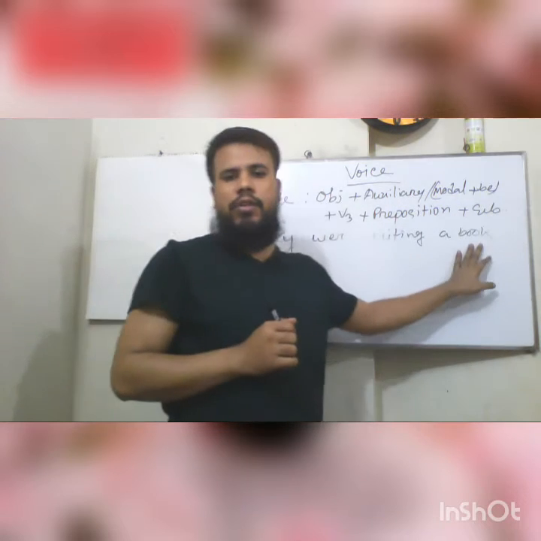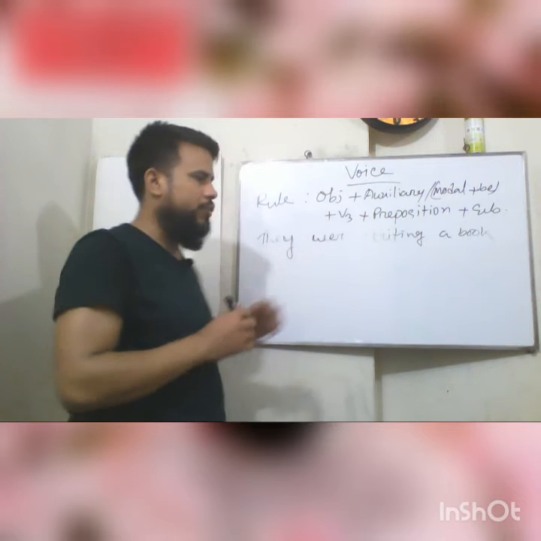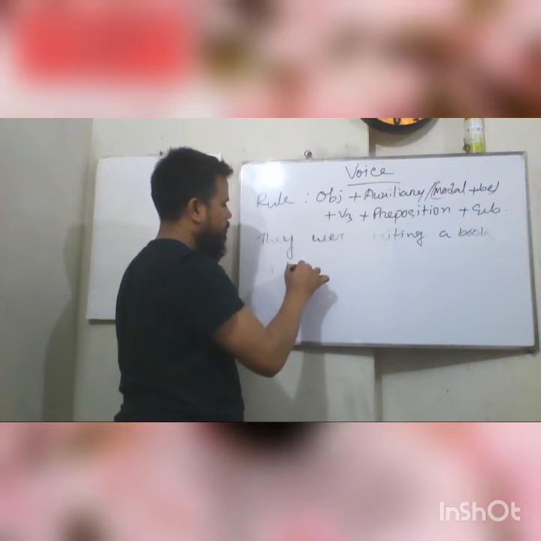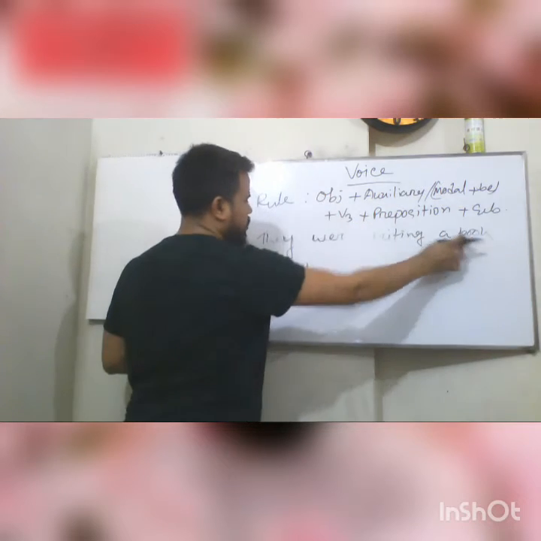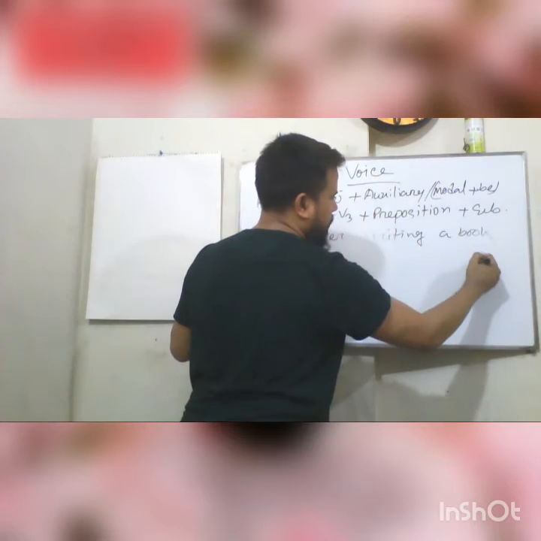Here a book is an object. A book comes to the subject, a book. First a book, object to subject. They, subject to them.